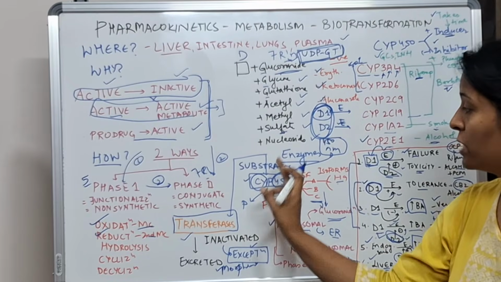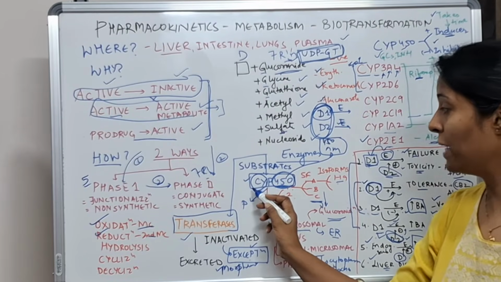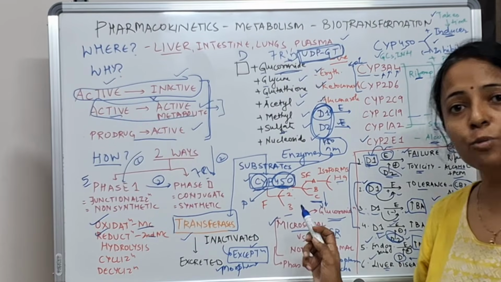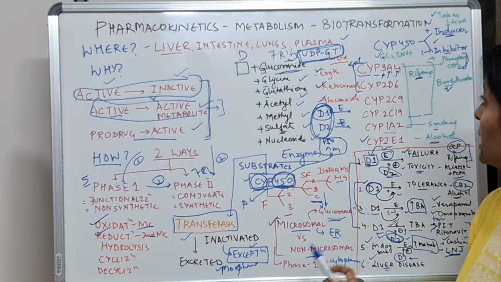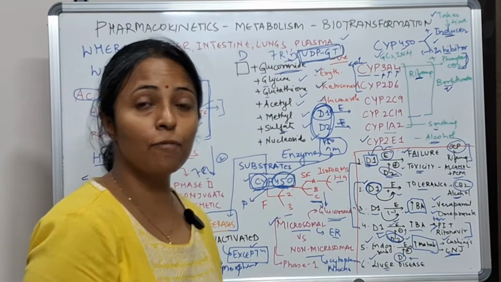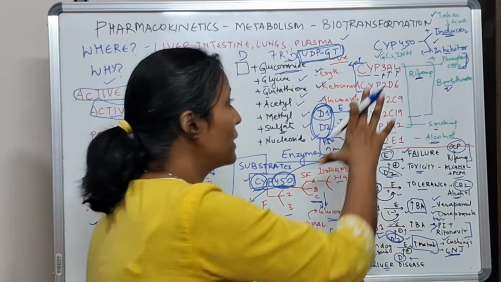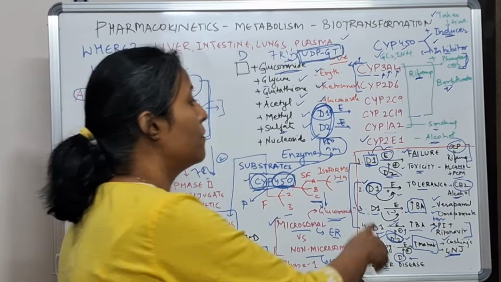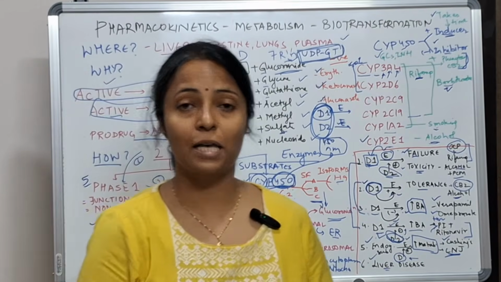Then we saw about the CYP450 enzyme, why it has such a name, what are the families, subfamilies, isoforms, and what is the difference between microsomal and non-microsomal enzymes. Then we saw the various CYP450 enzymes, mainly the 6 ones, and what are the inducers and inhibitors of these enzymes, and then we saw the various drug interactions as well.